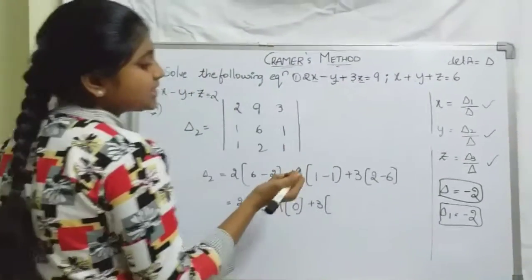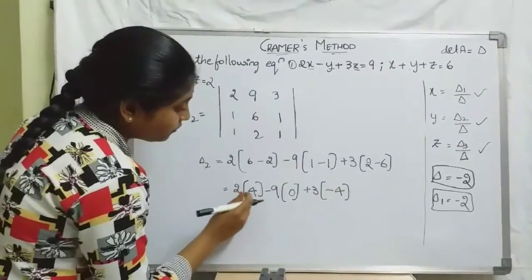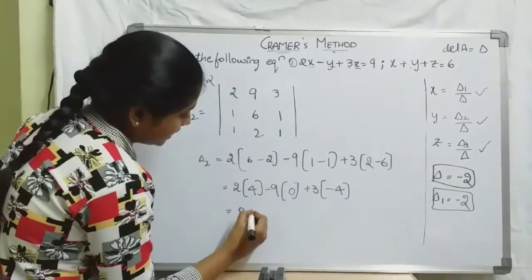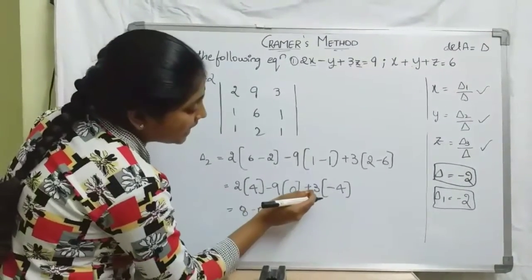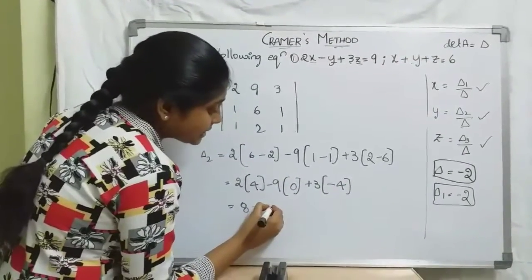So 2 minus 6 is minus 4. Now 2 fours are 8, minus 9 into 0 is minus 0, plus 3 into minus 4. So minus 12.